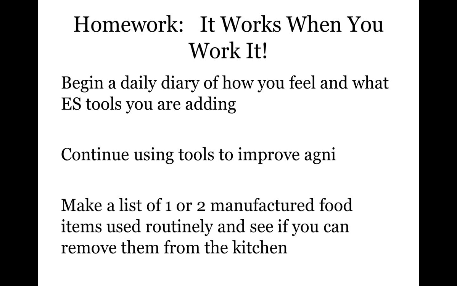Lastly, I would suggest you make a list of 1 or 2 of your manufactured foods that you use on a regular basis, and I would then take a look and see if you can remove those from your kitchen. Try to slowly start getting rid of those problematic foods, even if it's going to cost you a little bit to remove it from your pantry or from your kitchen cupboards.